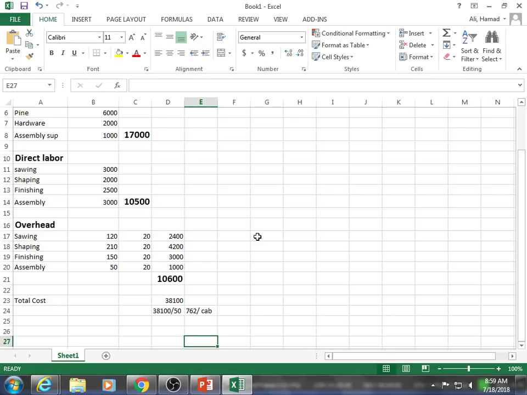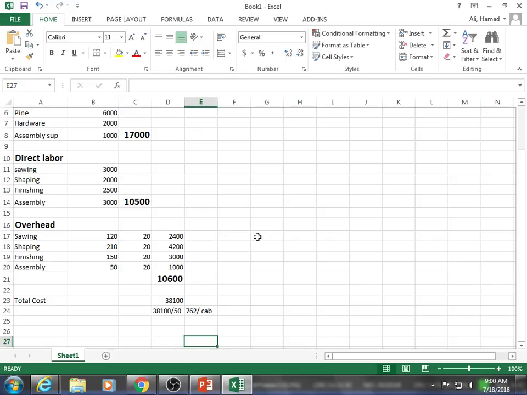Then you would have to estimate the overhead, do the predetermined overhead rate, and then apply that. See, each T account is a card, almost. Each T account is a card. Then you find the balance of each T account.